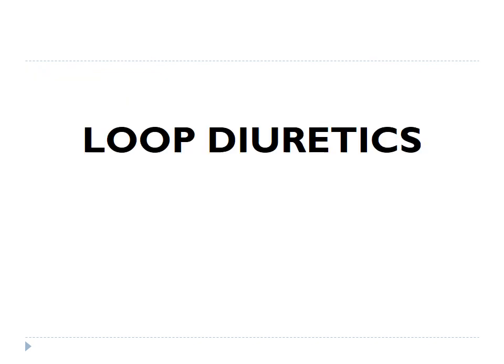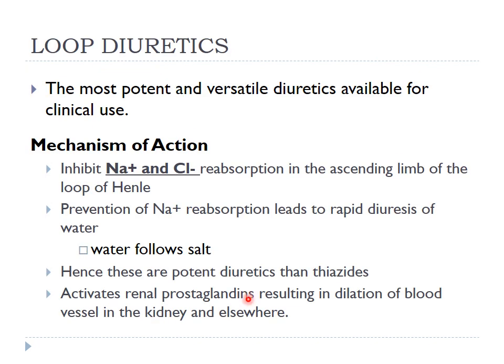Loop diuretics, guess where they're going to work? These are the most potent of the diuretics that we have. They inhibit sodium and chloride reabsorption in the ascending limb of the loop of Henle. They prevent sodium reabsorption, and water follows the salt, so if you don't bring the salt back in, fluid stays in there. This is a very, very potent diuretic agent, more potent than thiazides.